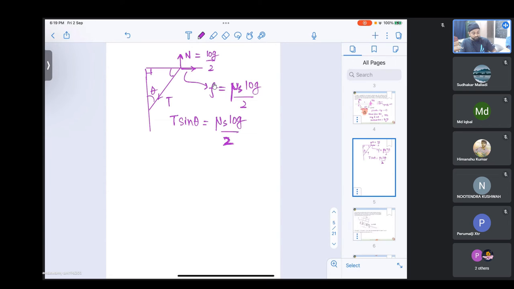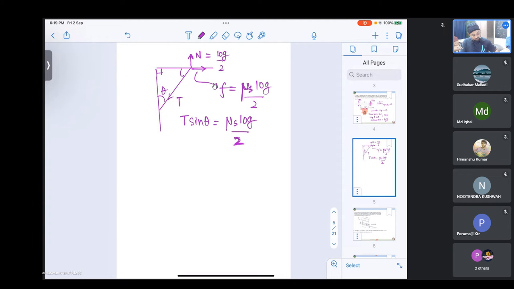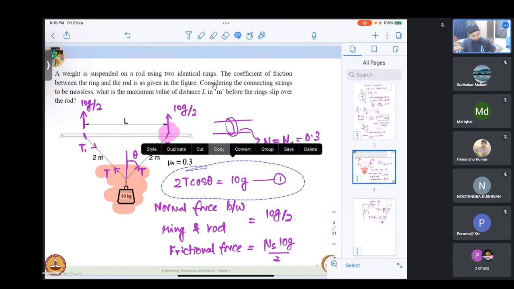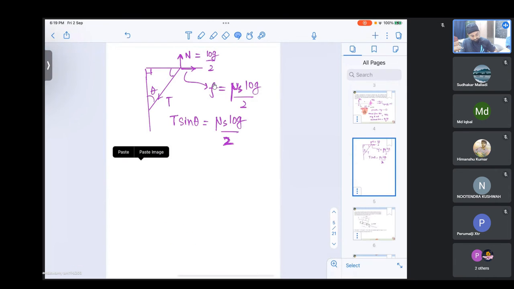So everything is given. We have the frictional force mu s into 10g by 2, and we have T from equation 1. I copy it and paste it here. T is nothing but 10g by 2 cos theta.